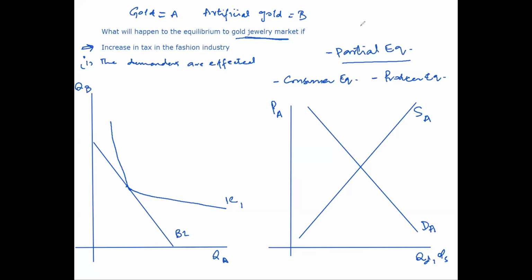Let me write some more detail here. This is individual, and this is market. So this is the market of gold, and this is the individual who is thinking of buying gold. He has an indifference curve and budget line for gold and artificial gold. He's thinking which product he should buy.